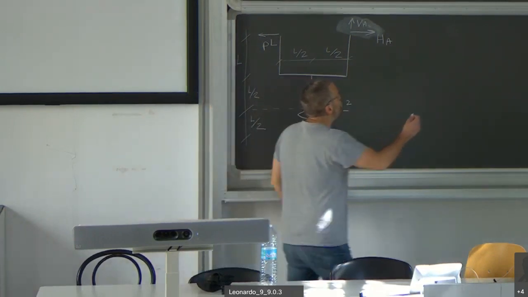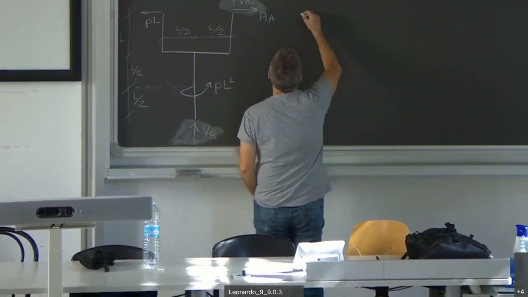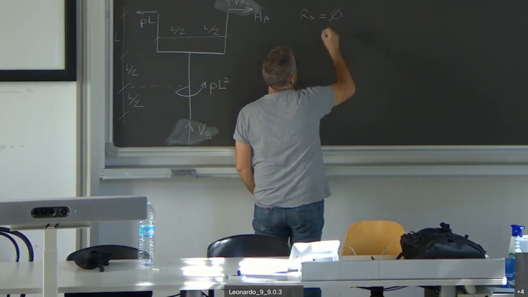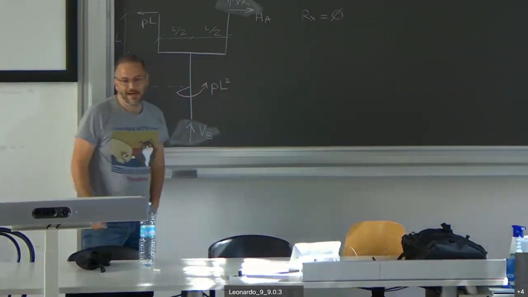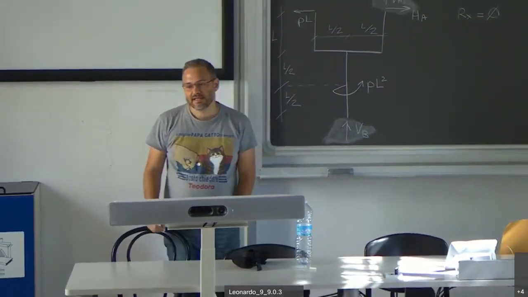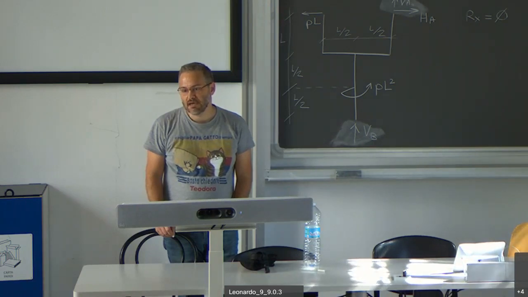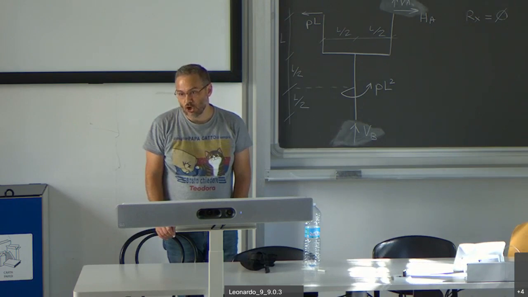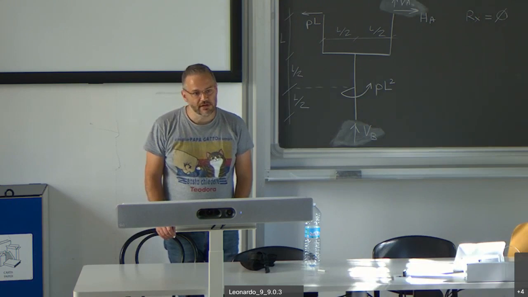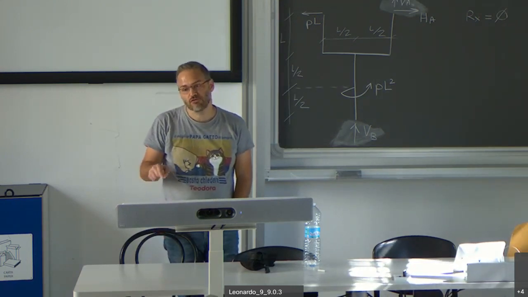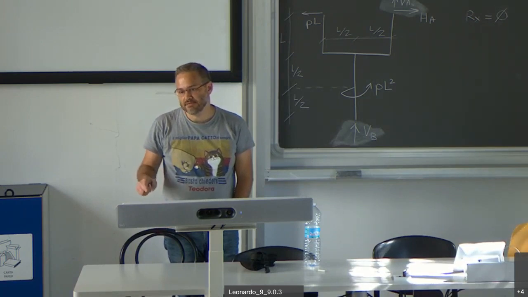To prove it with equations, the equation I have to write is Rx equals 0. So I impose that the horizontal translation is not possible, which means the summation of all horizontal forces, or sum of all the components in the horizontal direction, should be equal to 0. Each component or force with the correct sign, okay?